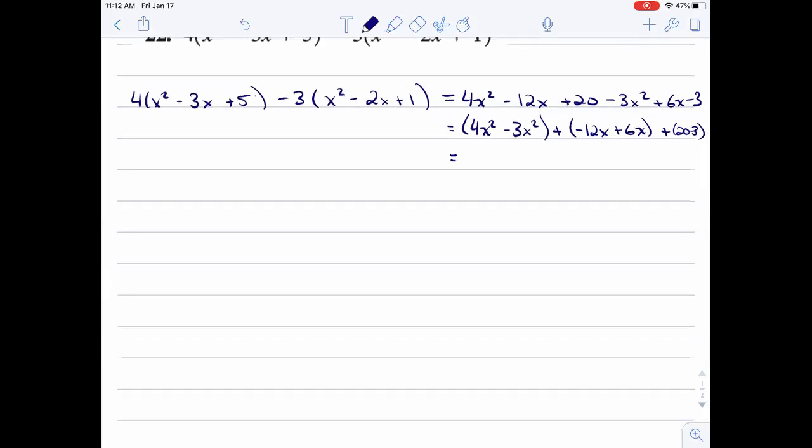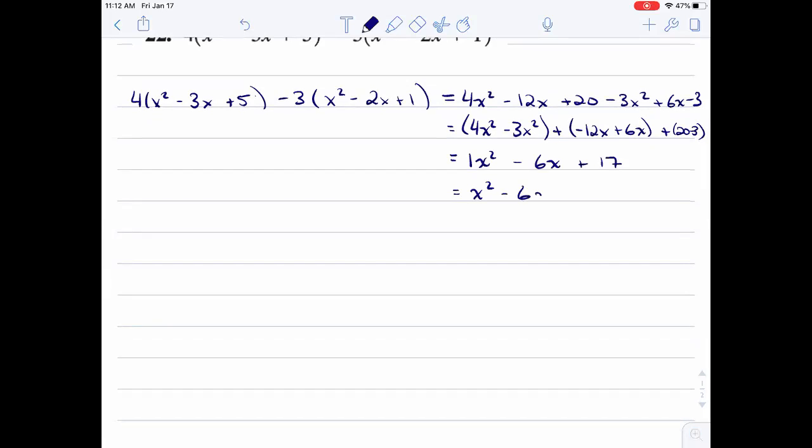So now we can add and subtract the coefficients, right? So 4 minus 3 makes 1x squared. You can drop the 1, right? I'm just showing that that's what it would be. Minus 6x plus 17. And then dropping the 1, that's all I'm doing here.